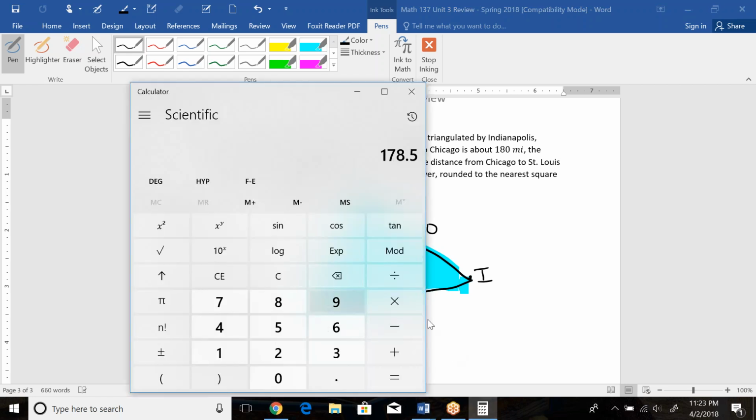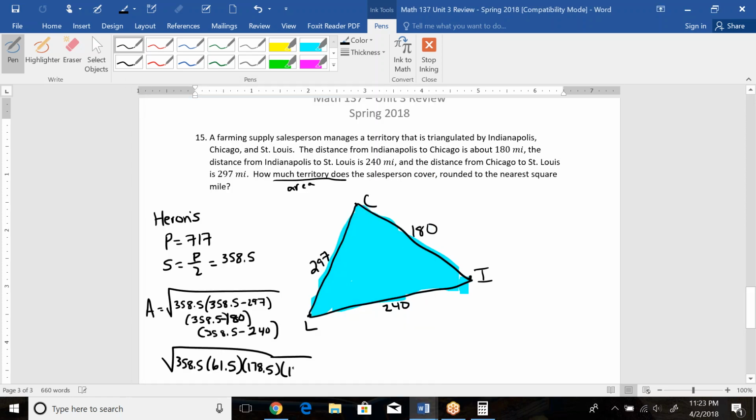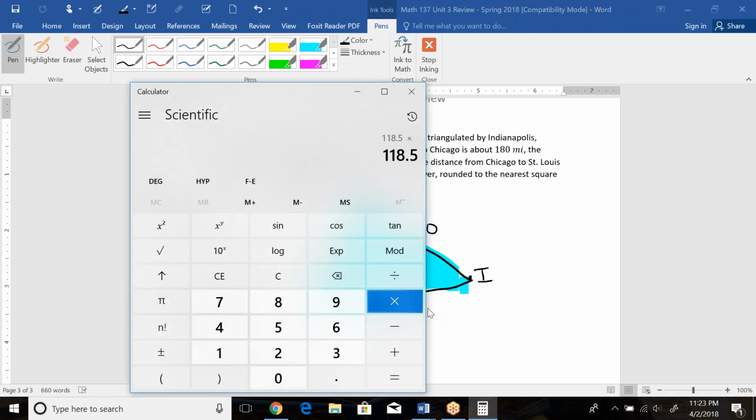And 358.5 minus the 240, which is 118.5. Okay, so we multiply all those together, so times 178.5 times 61.5 times 358.5. Then we take the square root of that.